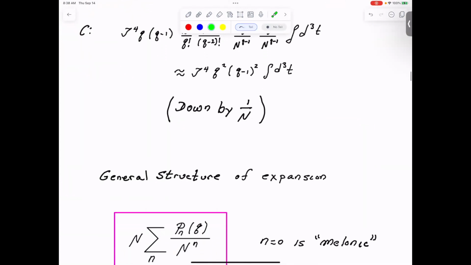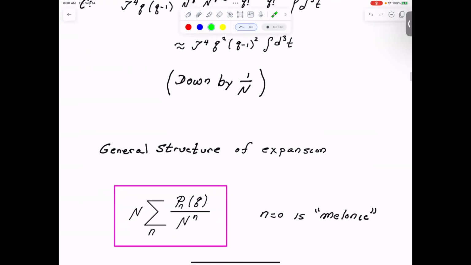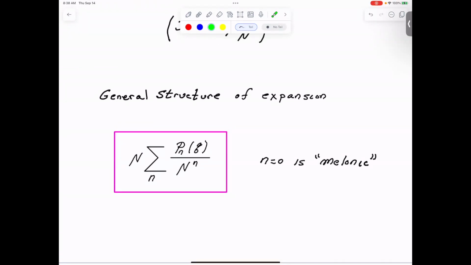The general structure of the expansion, which you can convince yourself of by just working out a variety of terms, is as follows. The factor of N on the outside depends on what you're calculating. That's trivial. If we're calculating some kind of vacuum diagrams, then there's always an N on the outside. If we're calculating scattering problems, the N dependence on the outside may be different.